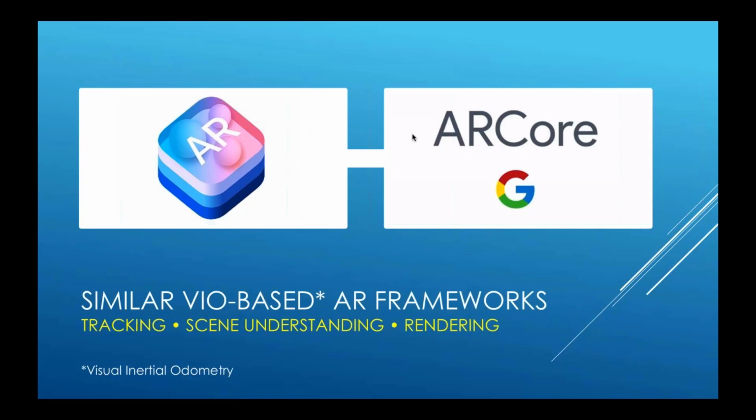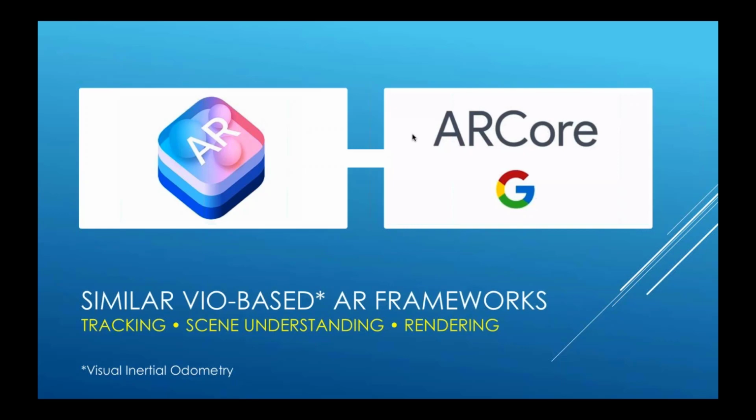But basically, both frameworks function around the concepts of tracking. In other words, tracking what's happening with the camera and what's happening with the movement of the device. Scene understanding in terms of, how do we understand the light, the ambient light in the scene?